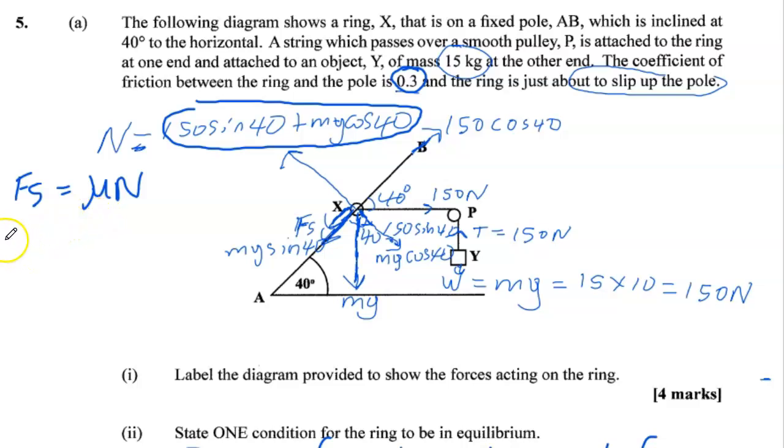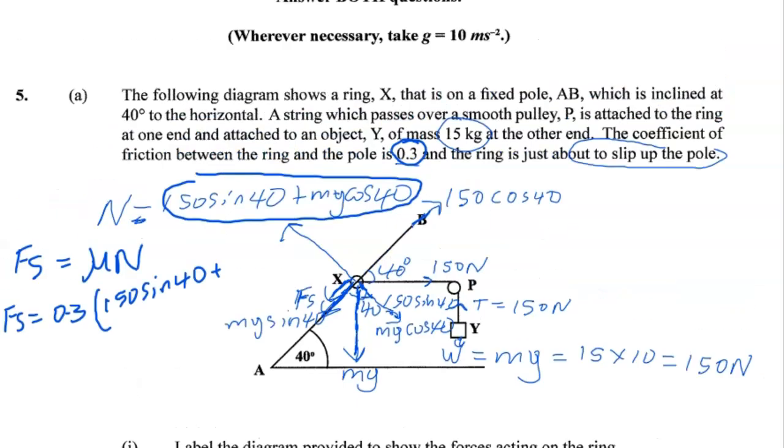So friction is 0.3, that's the coefficient of friction, times 150 sine 40 plus mg, and of course g, we're using g to be 10, so it's plus 10m cos 40, where m is the mass of the ring.